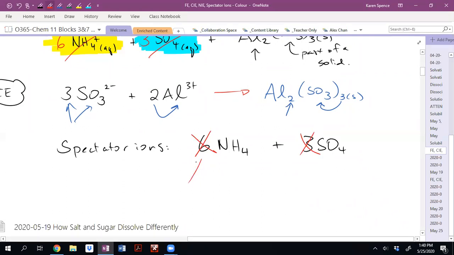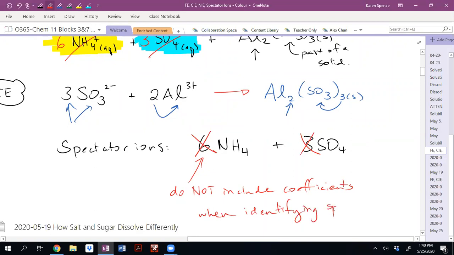So do not include coefficients when identifying spectator ions.